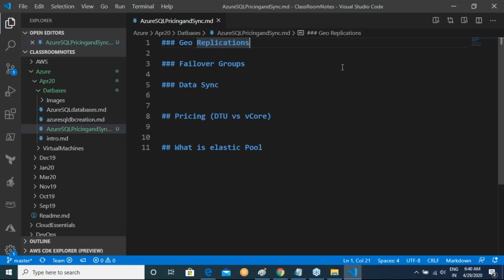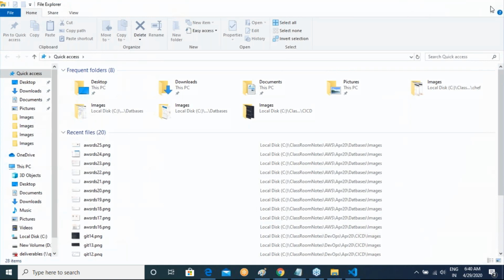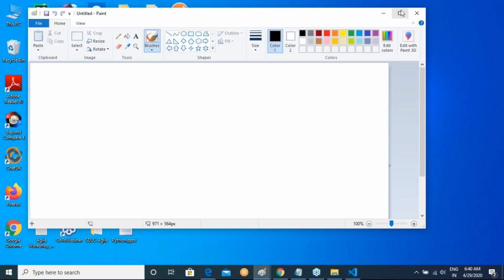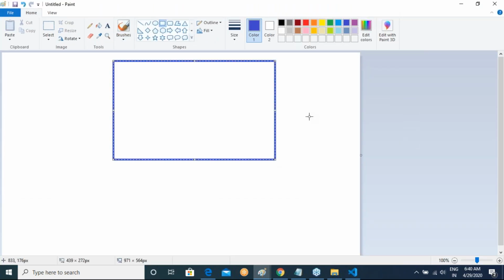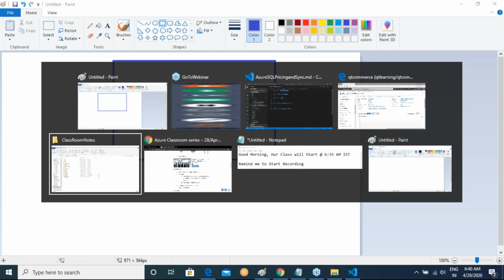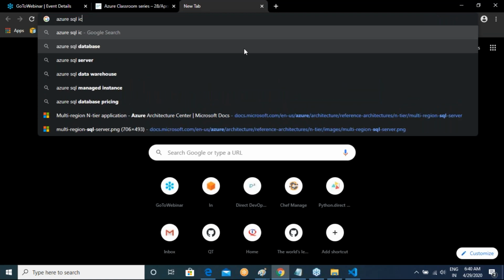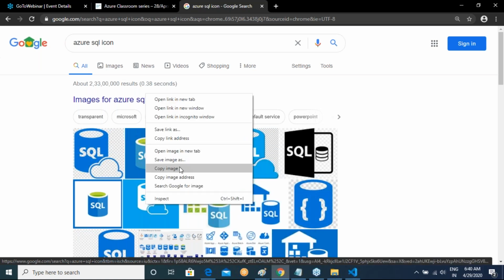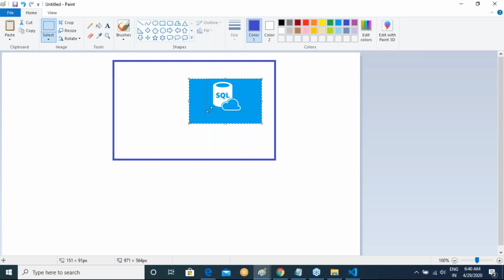So the first thing, what is this whole concept of geo replication? I have an Azure SQL database in some region.